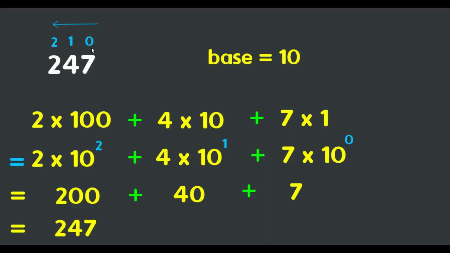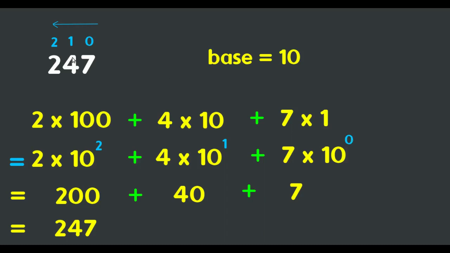If we assign a sequence to each of the digits of a number from right to left, starting from 0 onwards, then in this example the rightmost digit is 7, that is the first digit, and we have assigned sequence 0 to it, so we are multiplying it by 10 power 0.